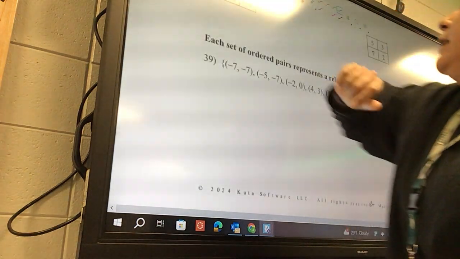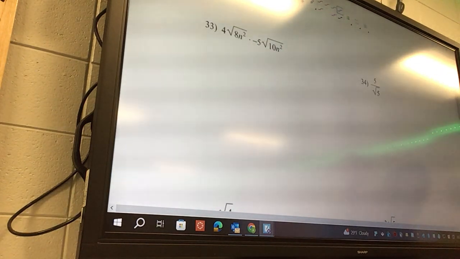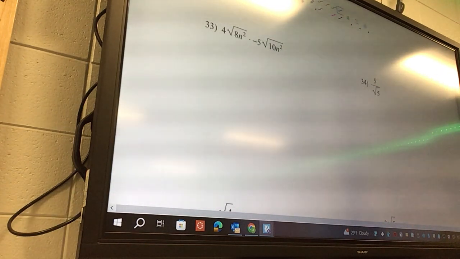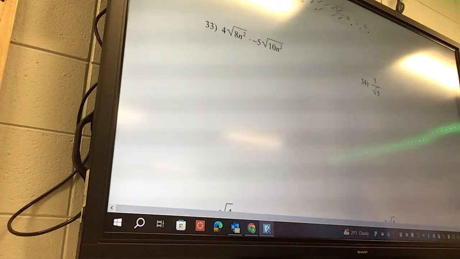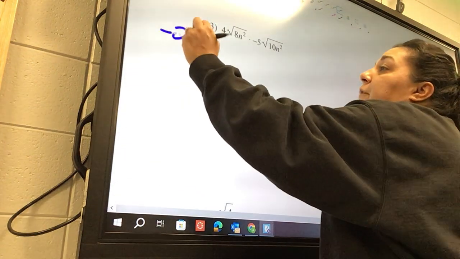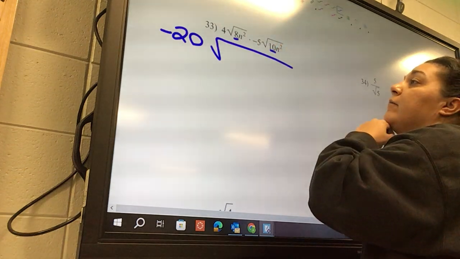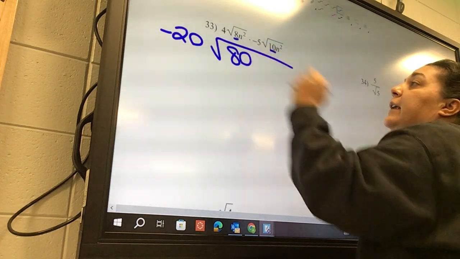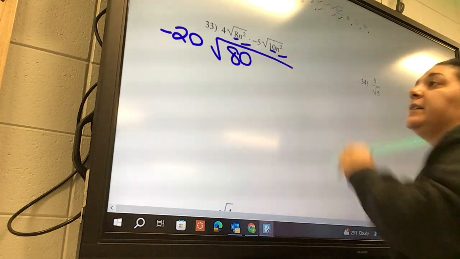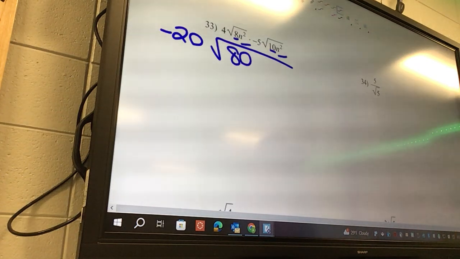Okay, 33, we're going to times the outsides together, so 4 times negative 5 is negative 20, and then we're going to times the insides together, so 8 times 10 is 80. N2 plus N2, N4.